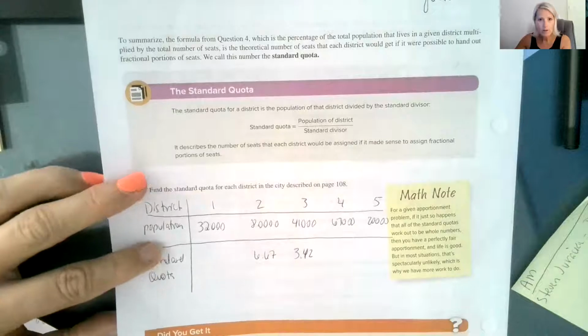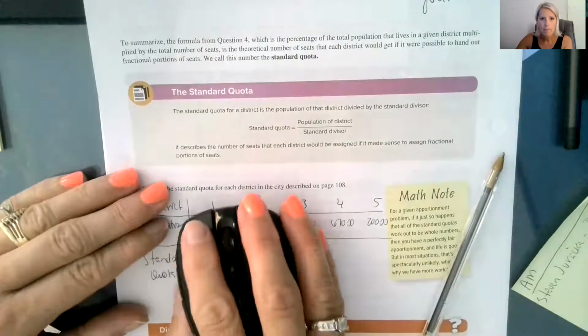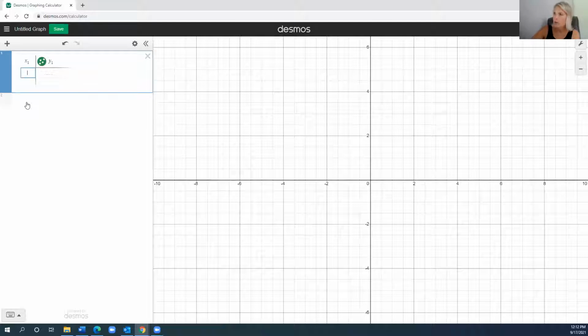Okay, so I'm going to go to Desmos for a moment here. And so here's my Desmos screen. And what I'm going to do is create a little table because we're going to use this all throughout today. So I'm going to put in my table my district populations.